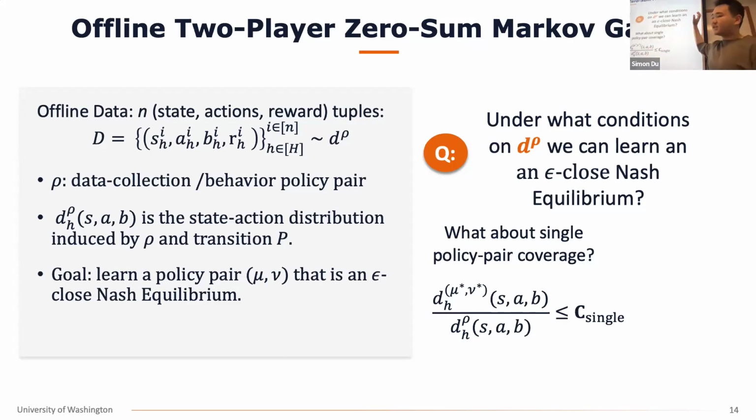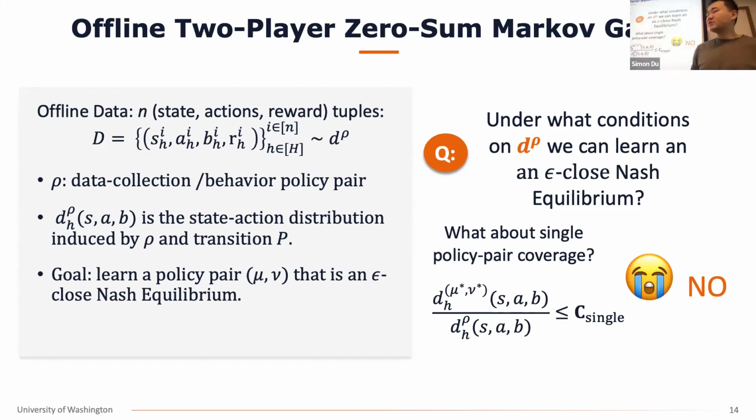The natural generalization of the single agent case is that this density ratio is upper bounded by some constant, and you hope that your sample complexity will depend on this constant. That's a natural generalization. Our first result on this setting is that we show this is not enough.